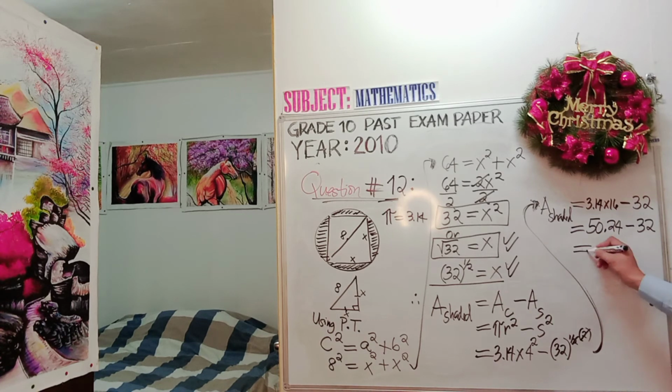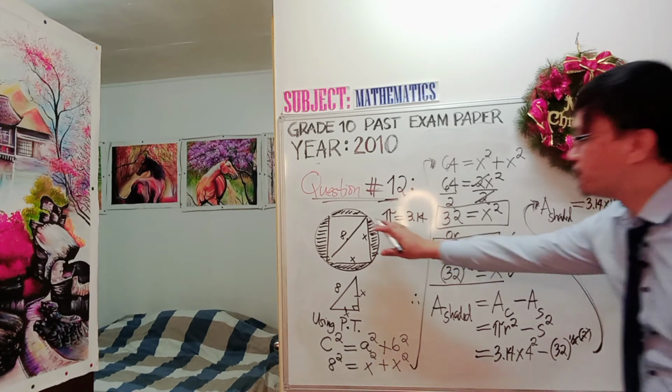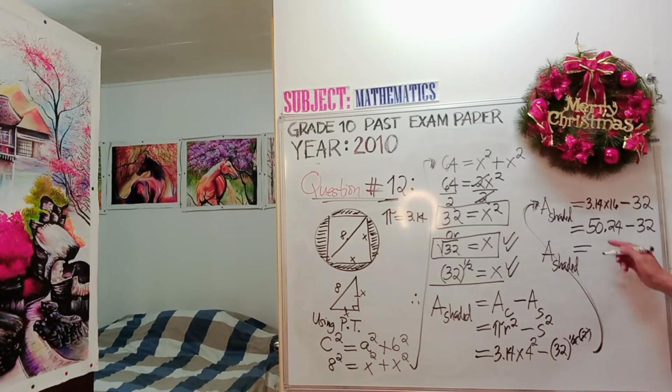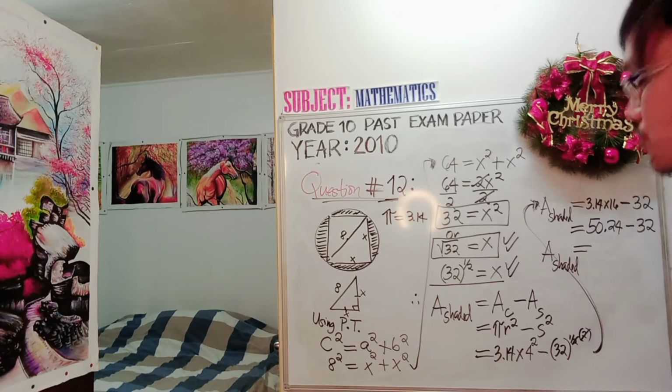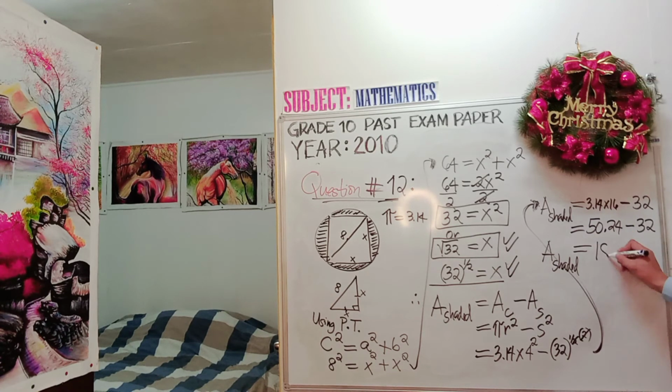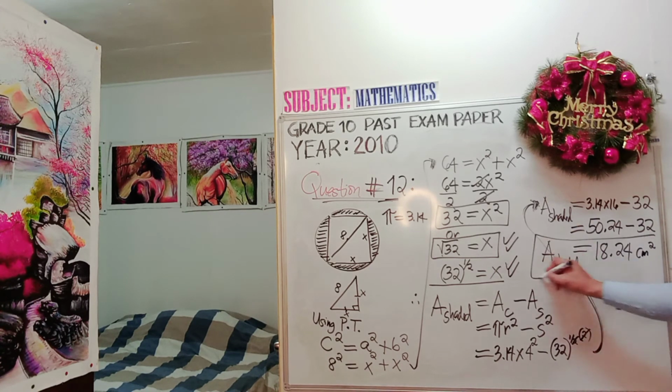Then the final answer for the area of the shaded part of this diagram: you subtract 50.24 minus 32 is equal to, what's the answer? 18.24 square centimeter. This is now the area.